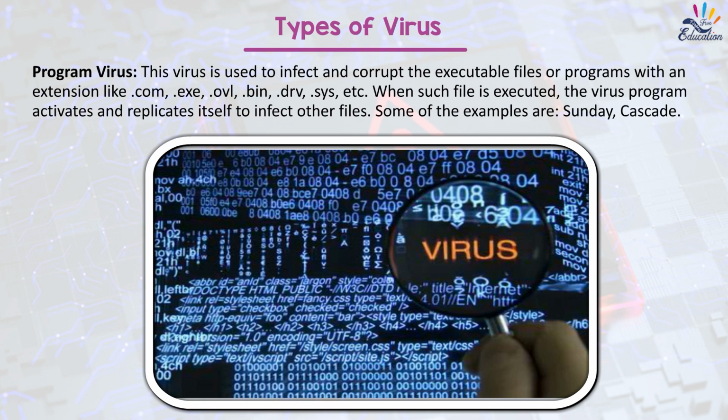This virus is used to infect and corrupt the executable files or programs with an extension like .com, .exe, .ovl, .bin, .drv, .sys, etc. When such file is executed, the virus program activates and replicates itself to infect other files. Some of the examples are Sunday, Cascade.